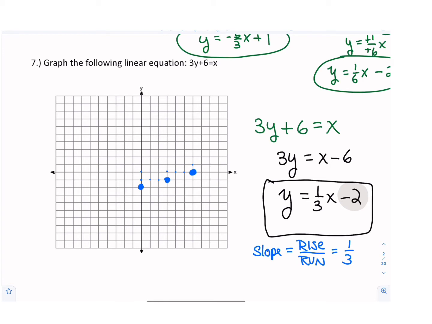Up 1 over 3, mark another point. And once we have a few points plotted, we can then sketch with a straight edge, as best as possible, a line through these points. I'm going to label my line y equals 1/3 x minus 2, or you could label it with the original equation if you like. And there we have it, our linear graph.